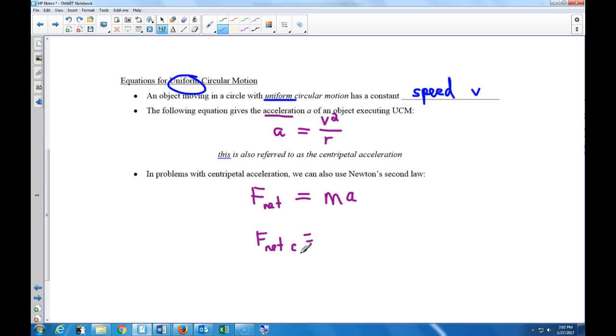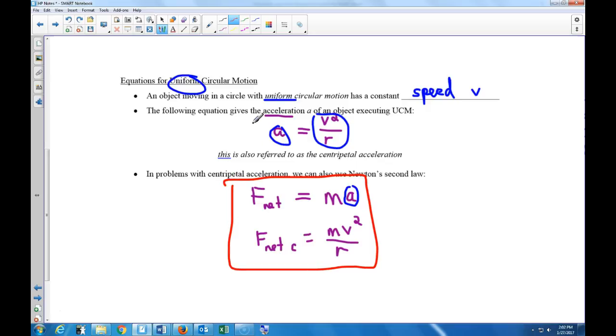We can call that the centripetal net force, so we could add a c here if we like. And it's m times this acceleration. In place of a, I'm going to put v squared over r. And I get mv squared over r. So our homework is going to involve some problems where we use these equations and this equation.